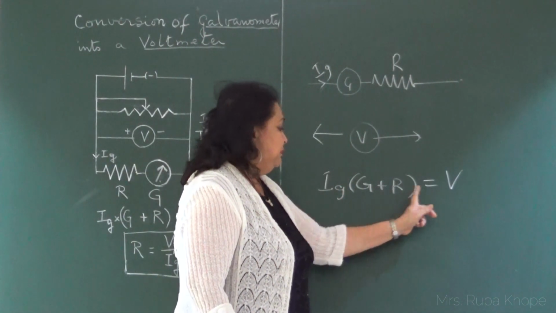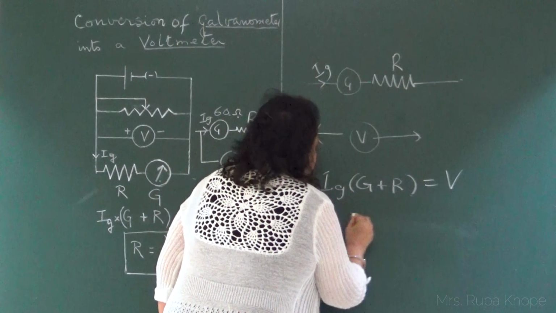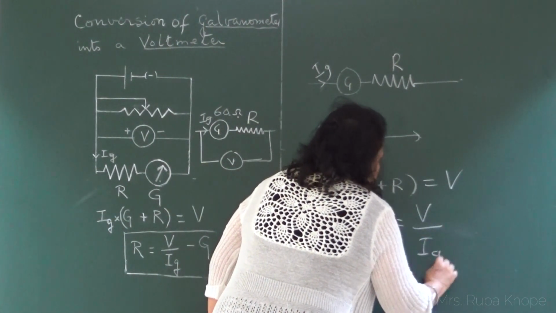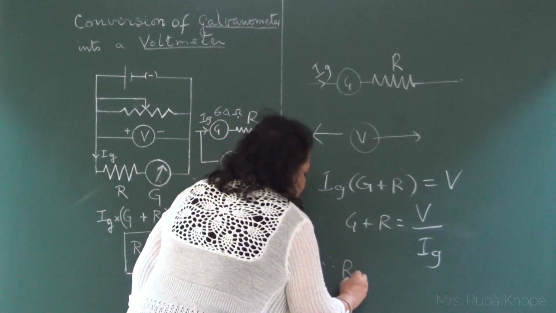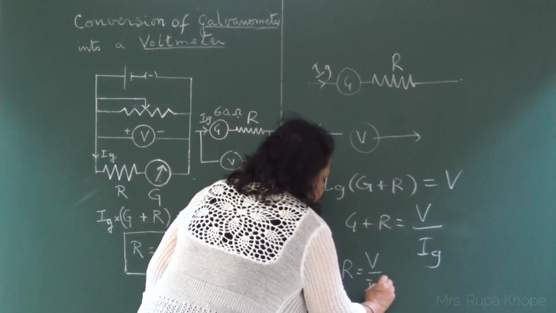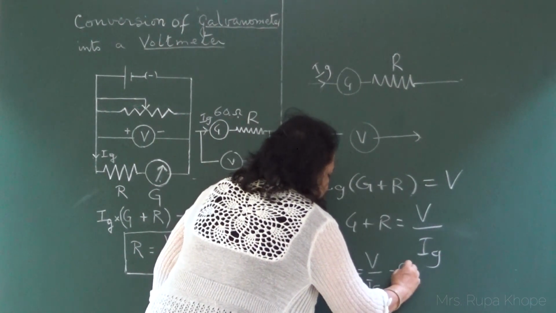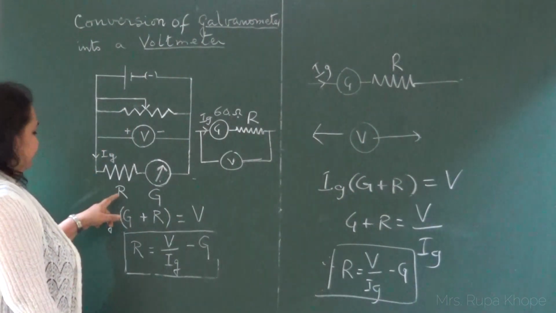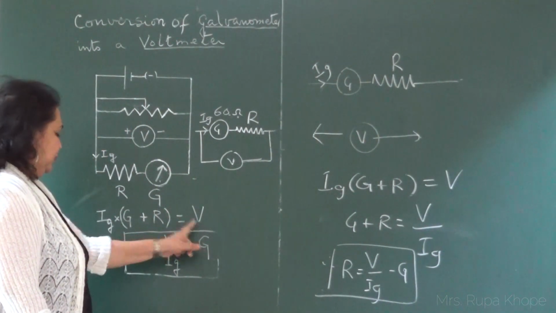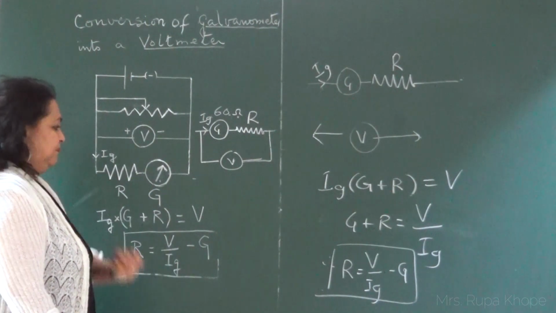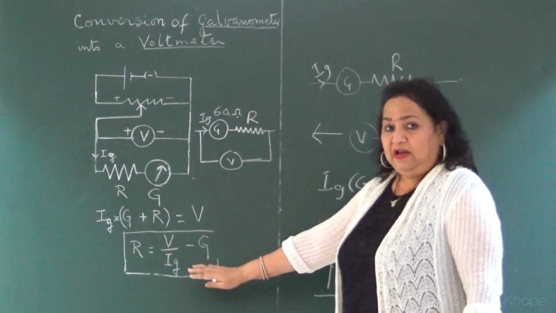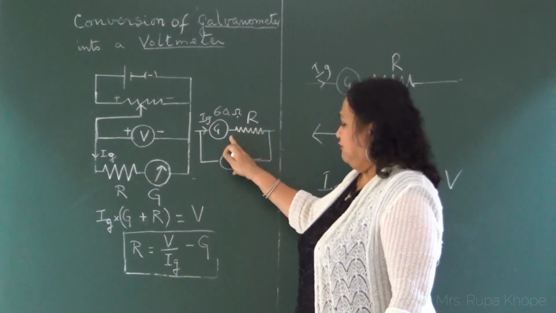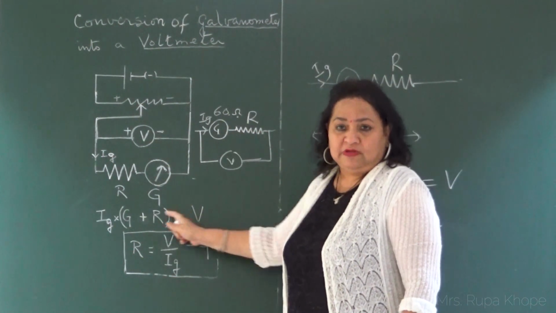So, Ig into G plus R is equal to V. I will write it as G plus R is equal to V upon Ig, and therefore R is equal to V upon Ig minus G. This formula we get. So now you very well know the resistance required to be connected in series with the galvanometer can be calculated from this formula.